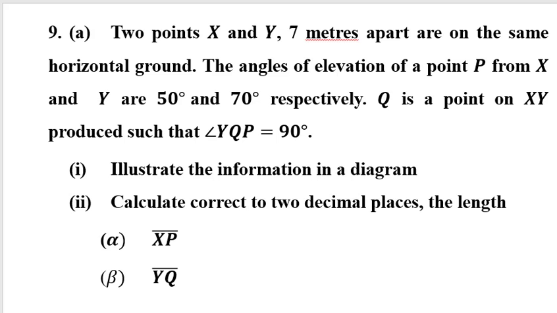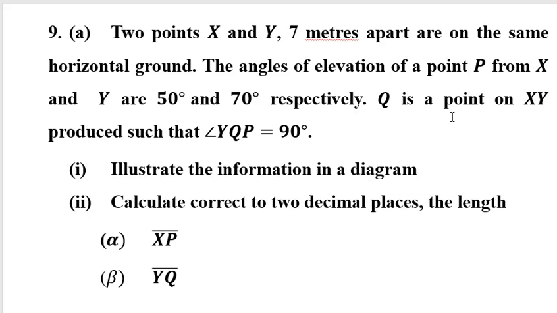So let's assume that this is our horizontal ground, and we have our X somewhere here, and let's assume that we have our Y also here. Now let's go back to the question. It says that the angles of elevation of a point P from X and Y are 50 degrees and 70 degrees respectively.